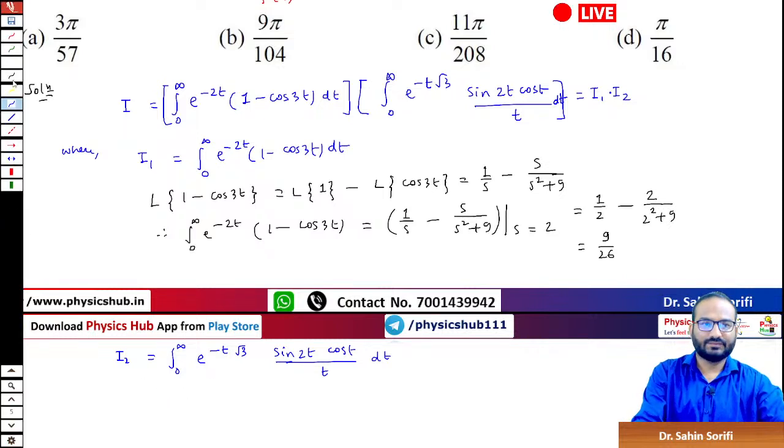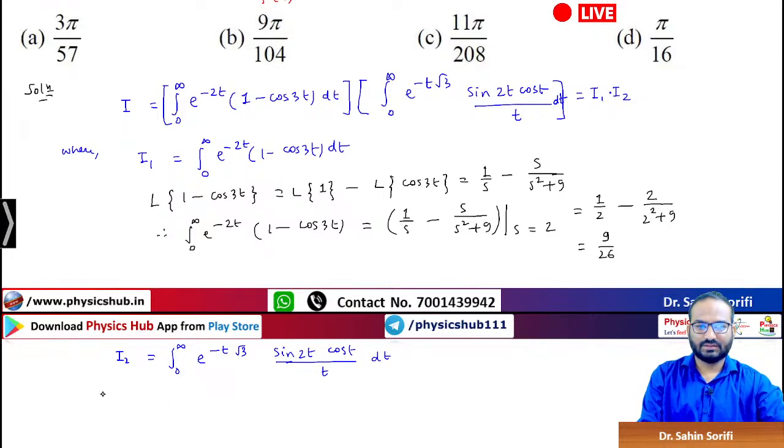So let's calculate the Laplace transform for this function sin 2t cos t by t. First of all we need to calculate the Laplace transform of sin 2t cos t, because in the formula of f of t by t you need the Laplace transform of f of t.